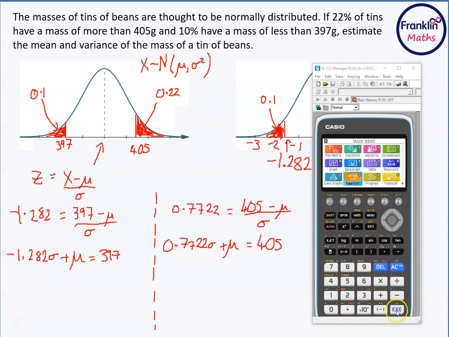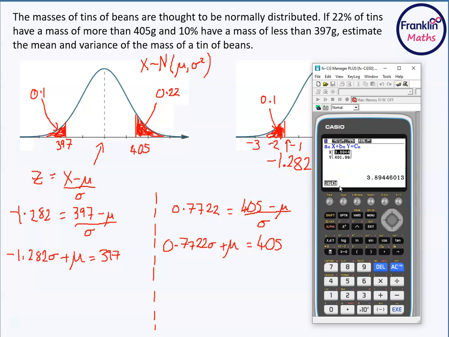Okay, so from the menu, equation, simultaneous, two unknowns. This time I'm looking at the coefficient of sigma there, so minus 1.282, 1, let's press across there, 397, and then this one is 0.7722, that's still 1, and that's 405. So what have we got then?